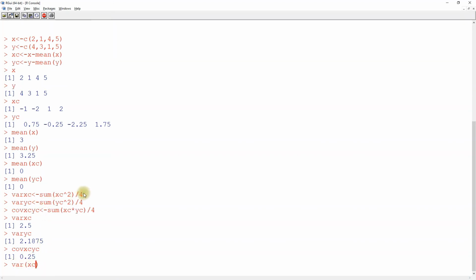If you want to have the same variance like here, you need to multiply by the factor of n minus 1 over n to get the same variance that we got.